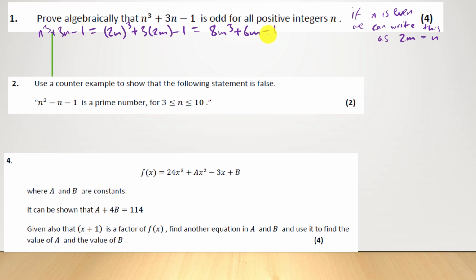minus 1. Now, how could we use this term to prove that it's odd or even? Well, we can factorise the 2 out, because 2 times anything makes an even number. So that's going to be 2 times (4m cubed plus 3m) minus 1.